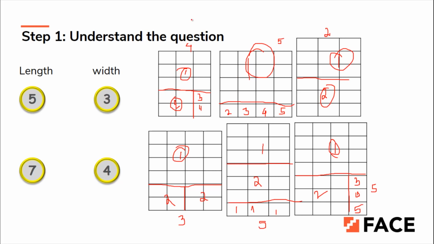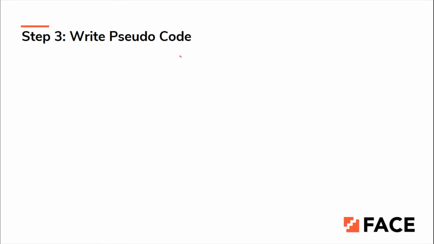Now let's count it: 4 plus 5 plus 2 plus 3 plus 5 plus 5, that is 24. So totally 24 students would get the Cadbury if the possibility is from 5 to 7 and 3 to 4.